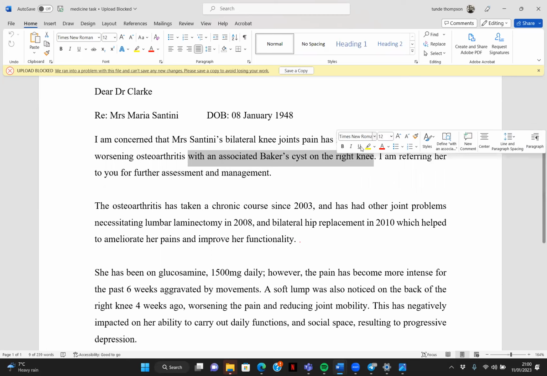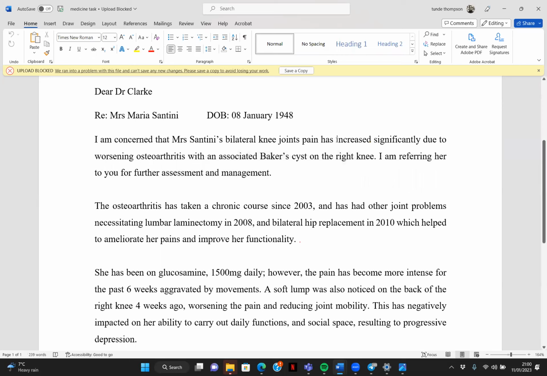actually, although I made it very clear, if you look at the vocabulary I use here, increased significantly, that the joint pain has increased significantly due to worsening osteoarthritis. So I'm trying to make this problem very clear to the reader.